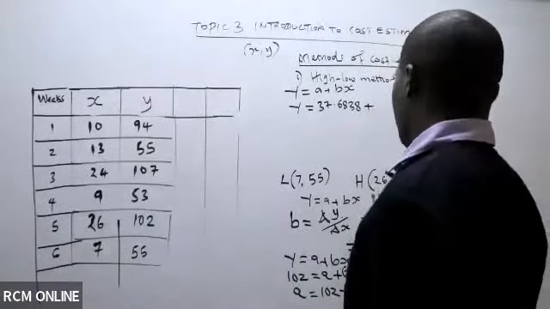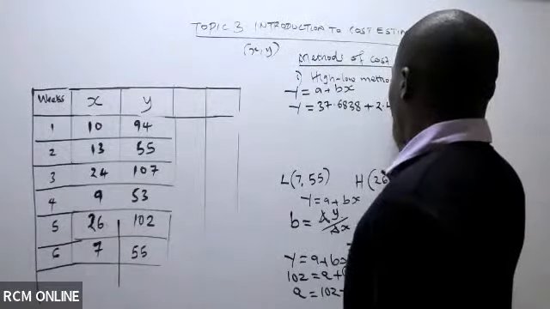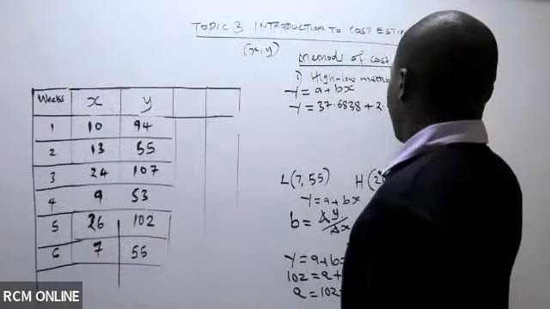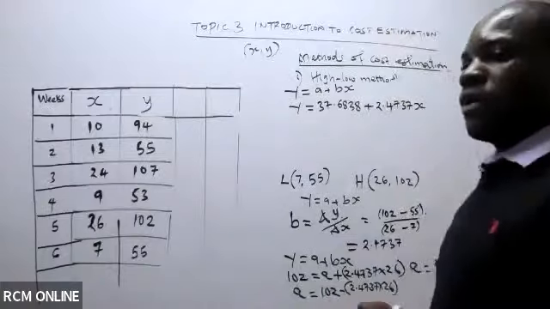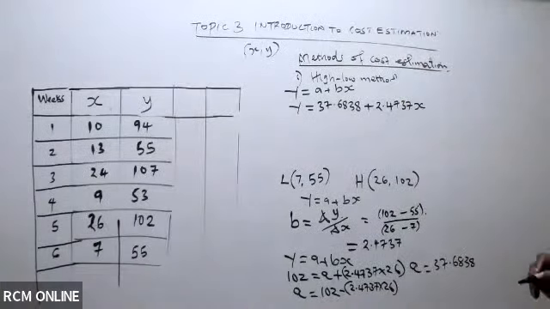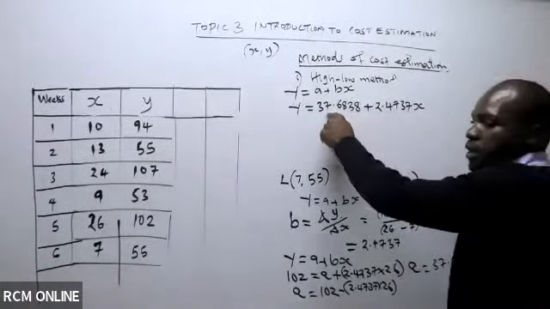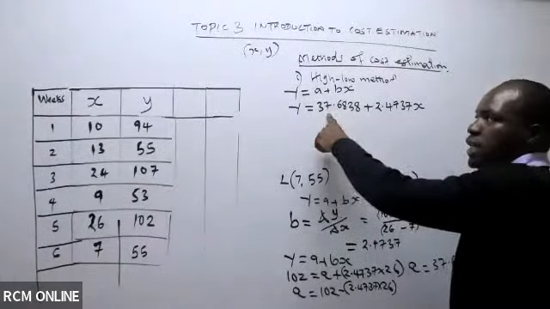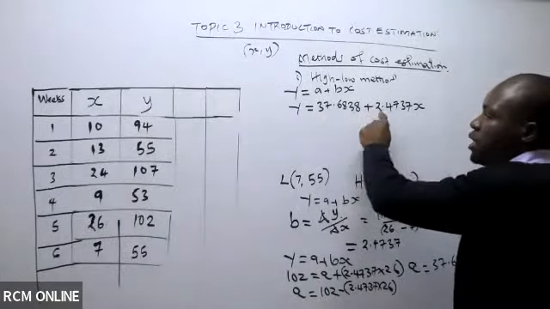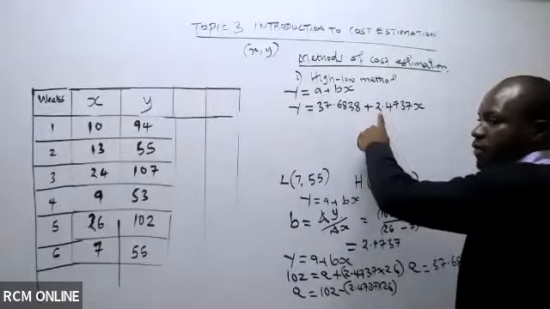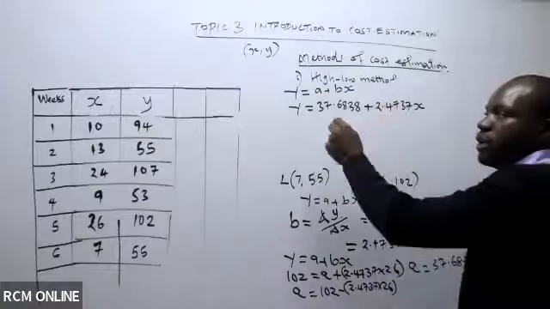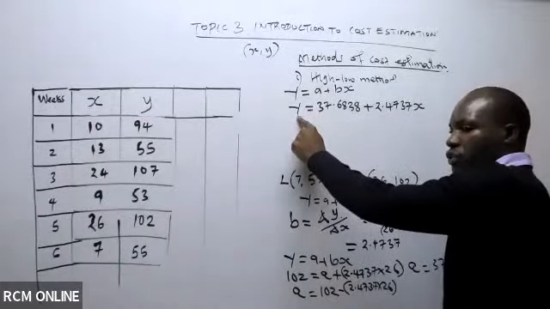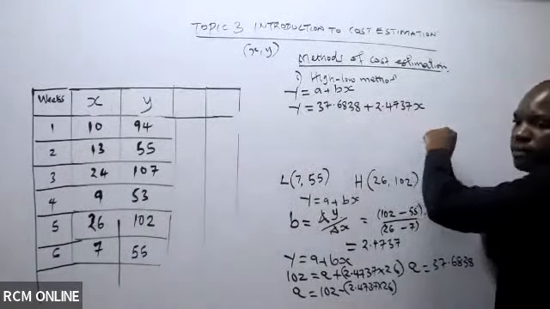What is the value of B? 2.4737x. We said very well that A is fixed cost. It will not change. B is the slope of the curve, variable cost per unit. It will not change. So the only thing that will make Y to change is the value of X.